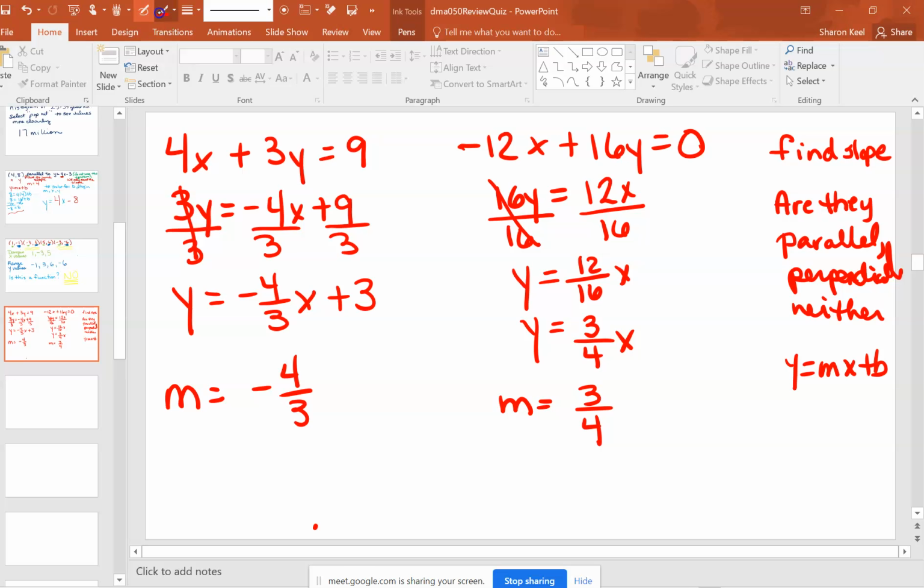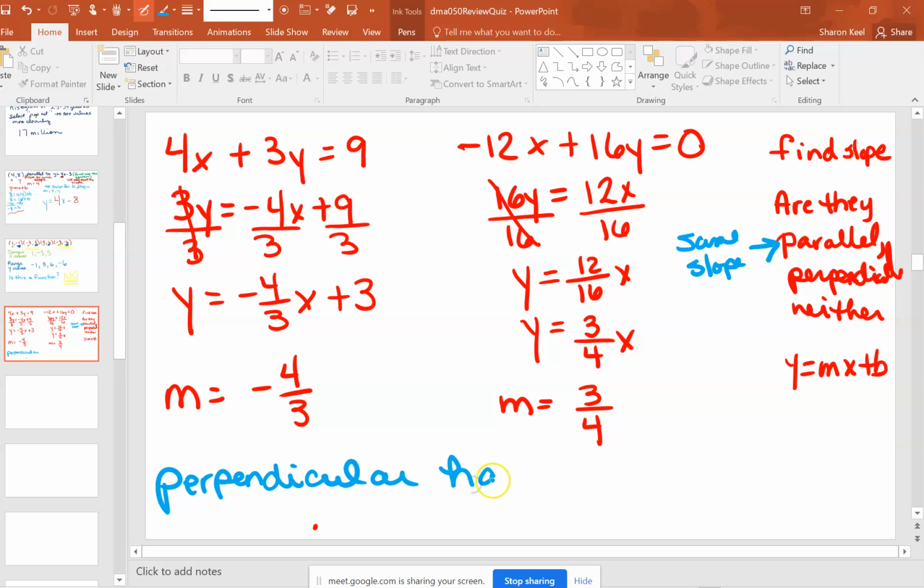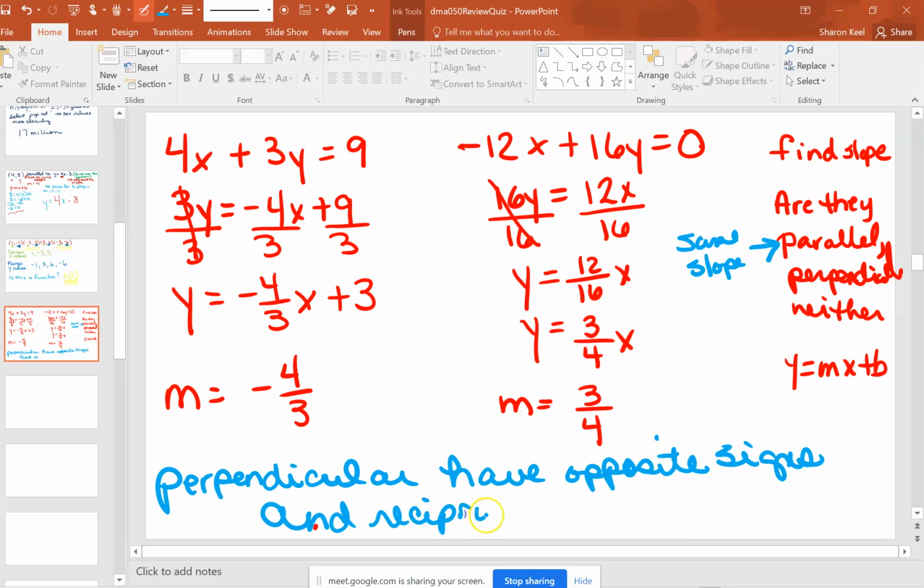Now, the rules: parallel lines have the same slope. These two slopes are not the same. To be perpendicular, the slopes have opposite signs, so one is positive, one is negative, and they are reciprocals of each other.